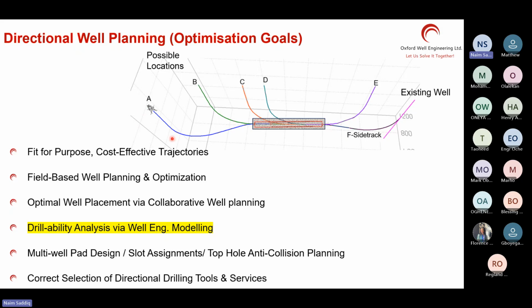How about A? Is A any good? This is a real example from a real well that I designed myself. They wanted to go with A. You know the reason why? A is turning and building and moving and longer. They wanted to go with A even after I told them they can go B, C, D. They told me this area is occupied by some people.